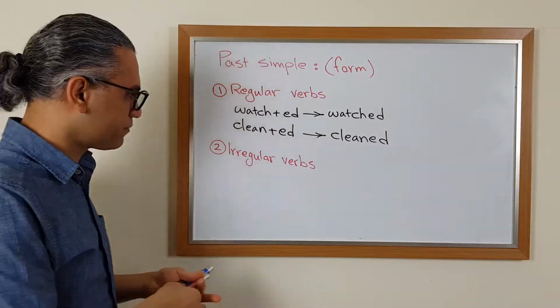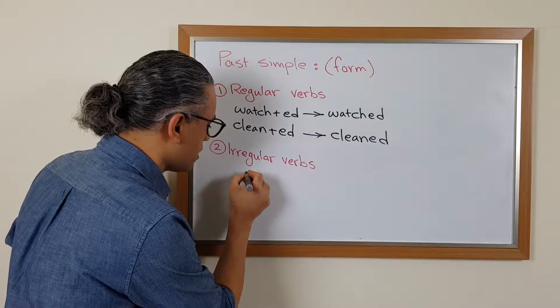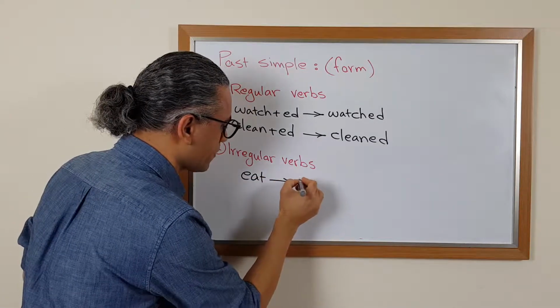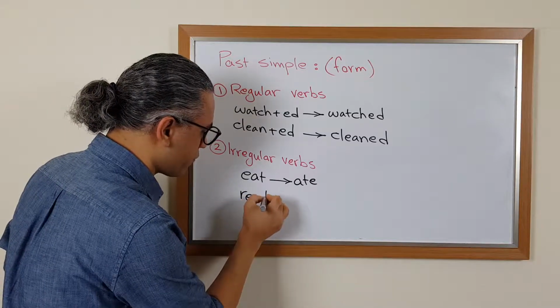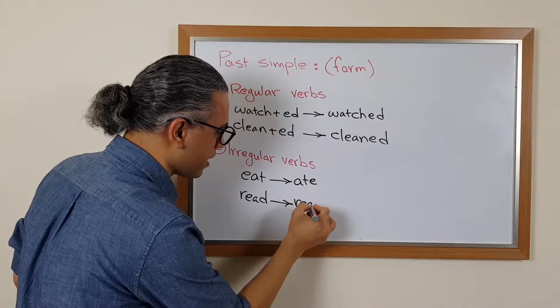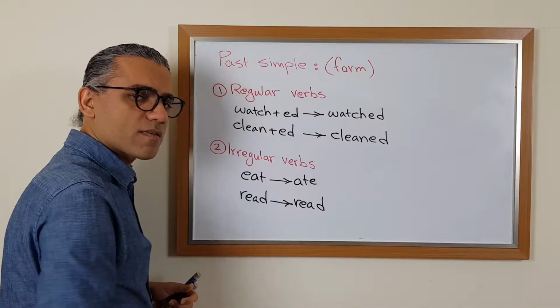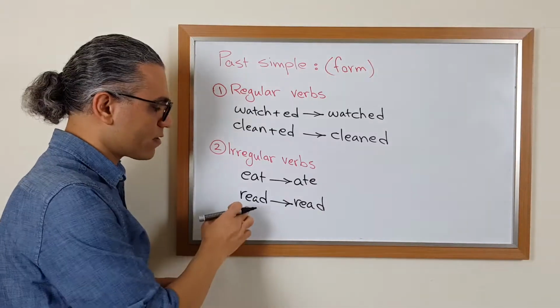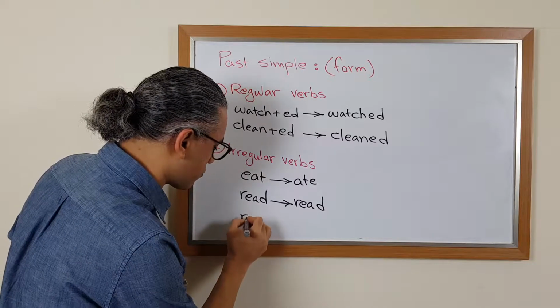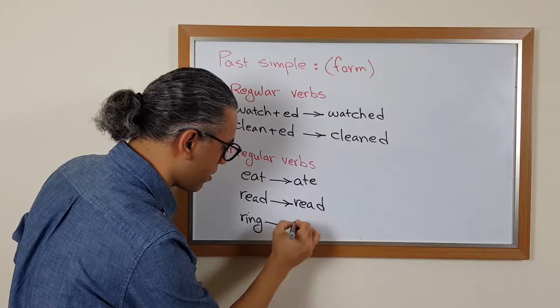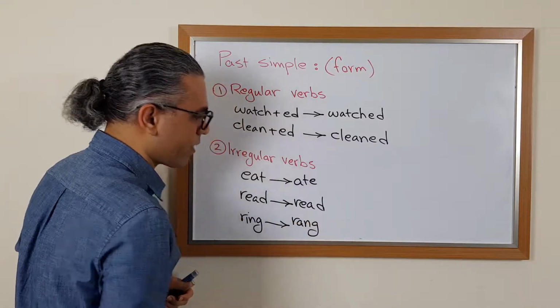For example, eat. The past form of eat is ate. The past form of read is read. The spelling is the same, but the pronunciation is different. This is read and this is read. And for example, ring, the past form is rang.